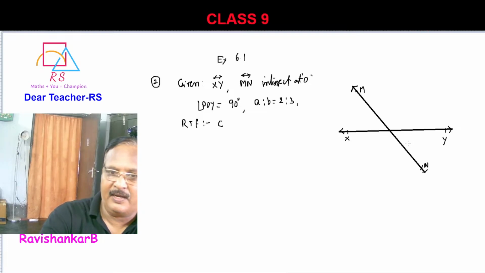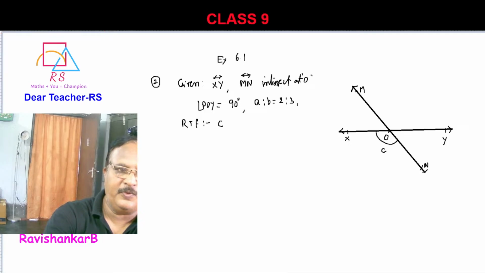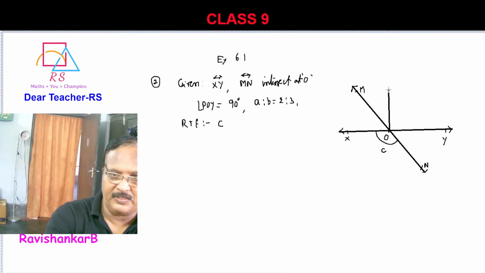Both lines meet at O, and this angle is C. Our target is to find out this angle. He has given one more ray, a perpendicular ray to XY, which he named P. So this is a perpendicular ray, 90 degrees.